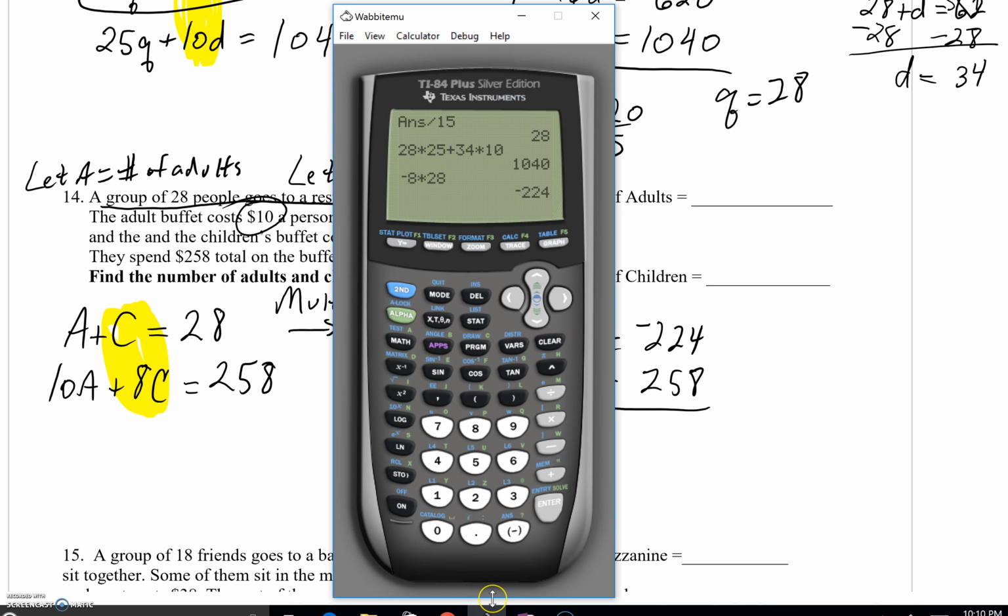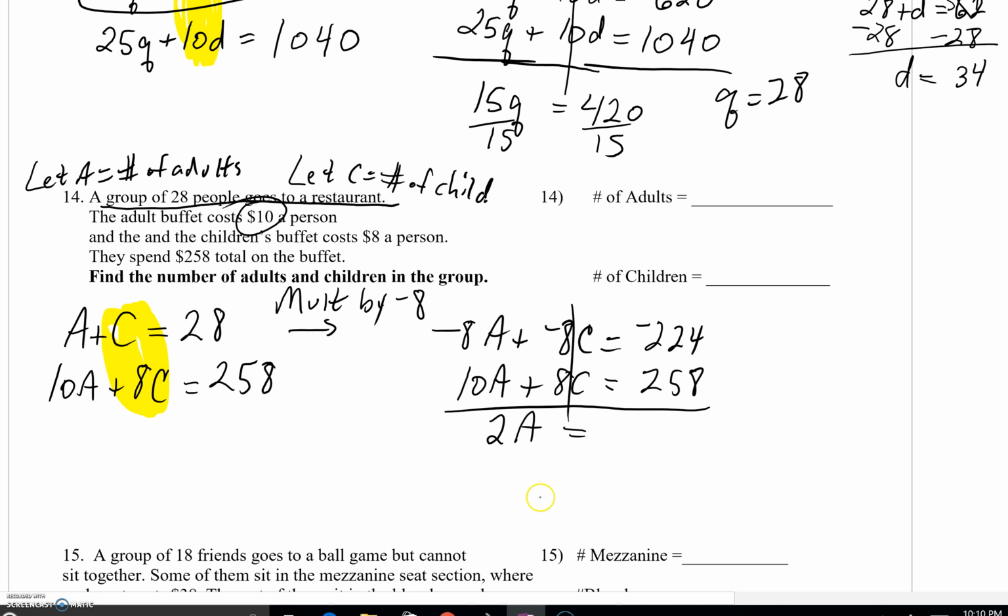And, real quickly, negative 224 plus 258. You can see it's only 34. Well, when you divide by 2, you'd get 17. You have 17 adults in your group. Again, common sense could say, well, if you've got 28 people and 17 of them are adults, kids can quickly subtract in their head, and that's all well and good.